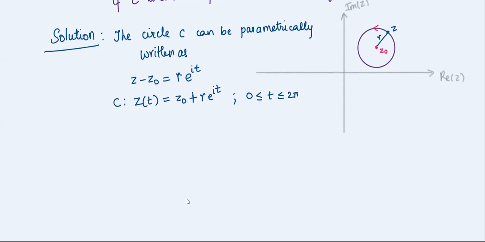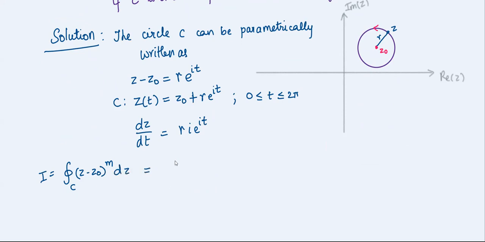So now let us integrate this. So this is Z. Now let us find dz by dt, which is R i e power it. Now we want to evaluate this integral over C of (Z minus Z naught) whole power m dz.